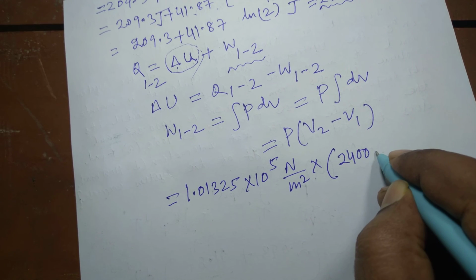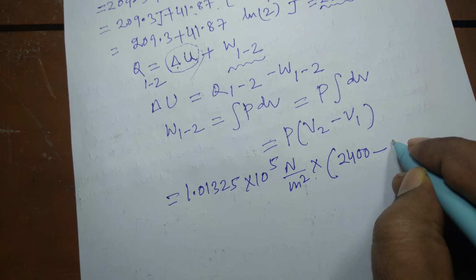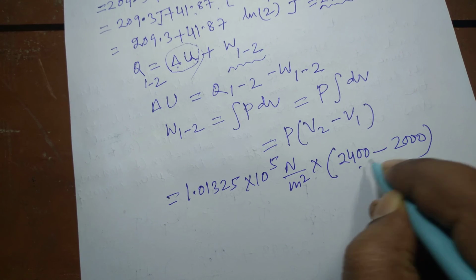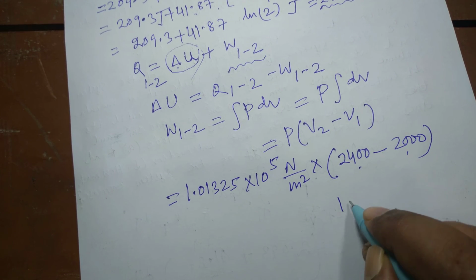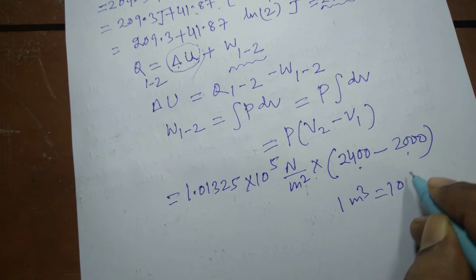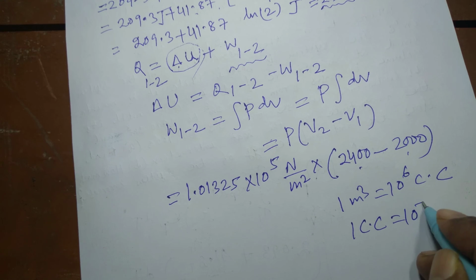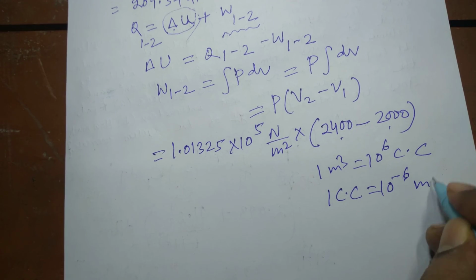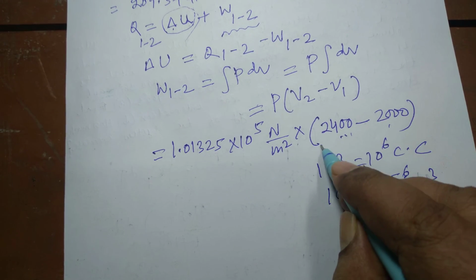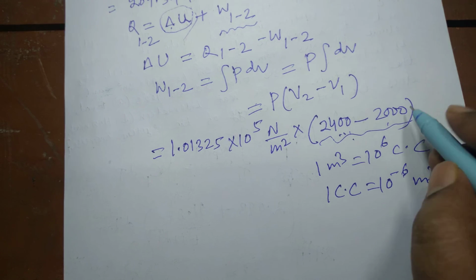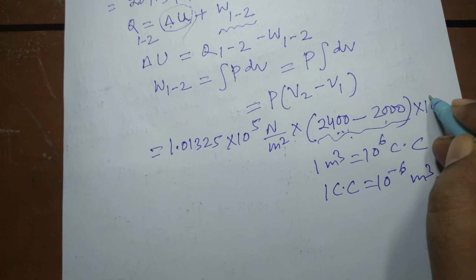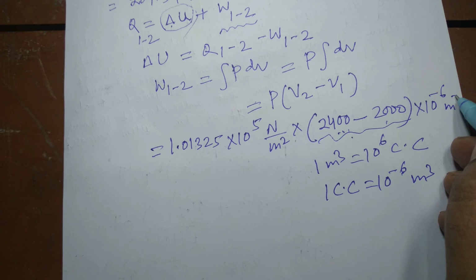So you have to express it in terms of meter cube. 1 meter cube is equal to 10 to the power 6 centimeter cube, so 1 centimeter cube will be 10 to the power minus 6 meter cube. So multiply this by 10 to the power minus 6 meter cube.